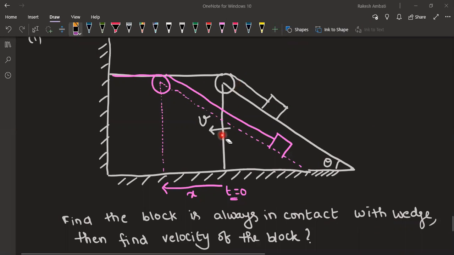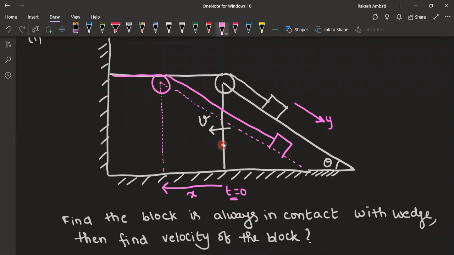Down the inclined plane. For example, the wedge traveled distance x, and the block slides down through distance y.